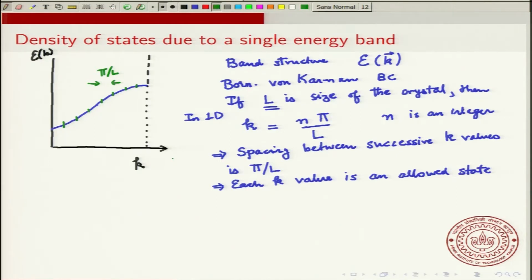On the k axis the successive states are separated by this pi by L. You could imagine that there is one allowed value of k in each of these intervals. Since L is very large, these intervals are very closely spaced. I am just exaggerating the spacing between the intervals here.